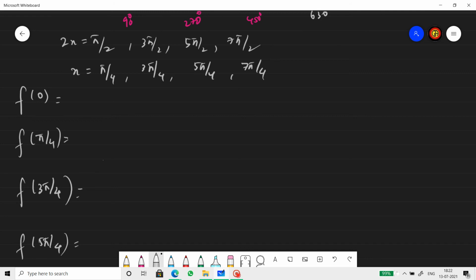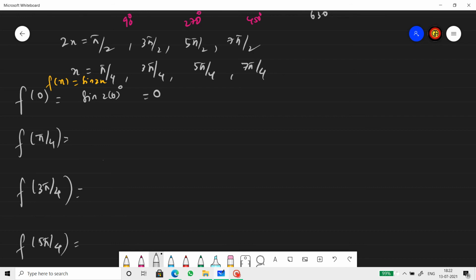The question is f of x is equal to sine 2x. So when x is 0, it is sine 2 into 0.